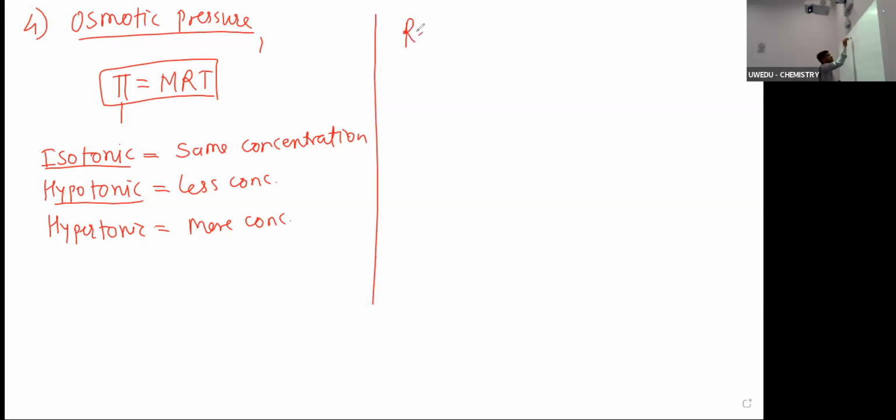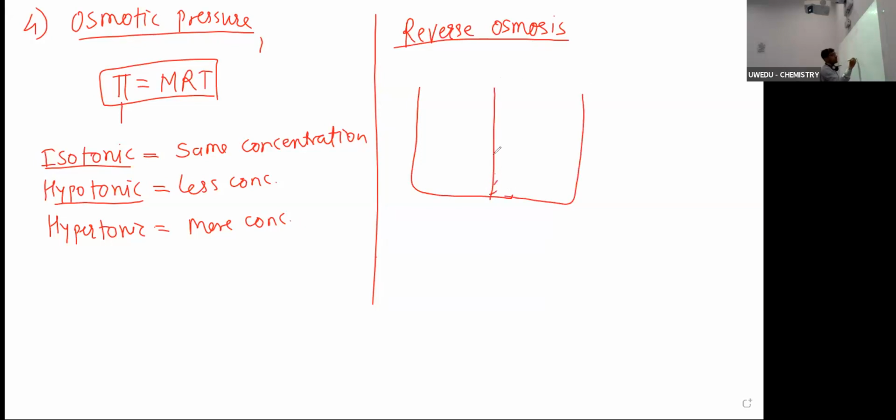Then reverse osmosis. Now in osmotic pressure, this is the last concept, the reverse osmosis. Okay, what is reverse osmosis? Now this is a solution, separated by a semi-permeable membrane, and here the pressure is exerted.